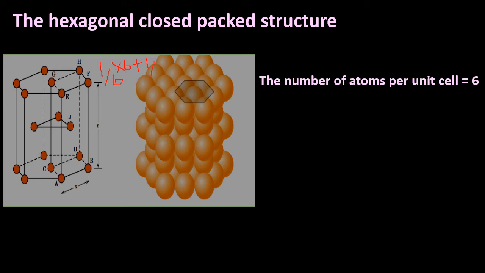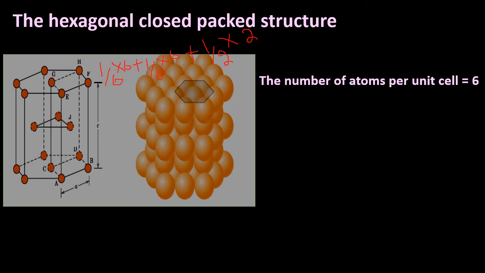Then at the bottom, 1 by 6 multiplied by 6 atoms, one atom will come from the bottom hexagon, plus there is the atom at the center of each hexagon which contributes only its half. So there are 2 atoms at the center, one at the top hexagon and one at the bottom hexagon, so 1 by 2 multiplied by 2 gives one atom.